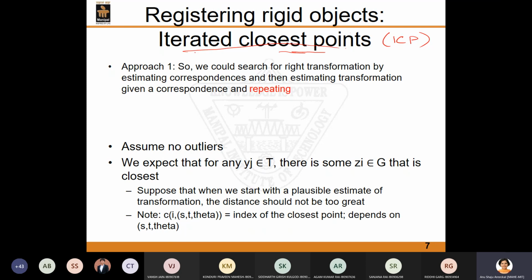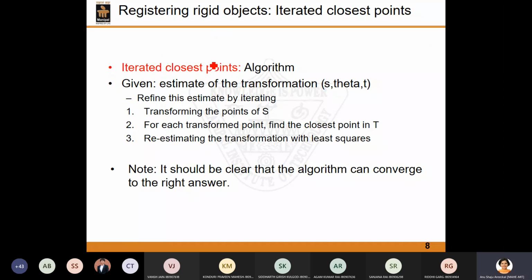So this is the algorithm over here. Let's say we start off with an initial estimate of S, theta and T, basically the scaling, rotation and translation operations. Using this estimate, we try to find G from the source.